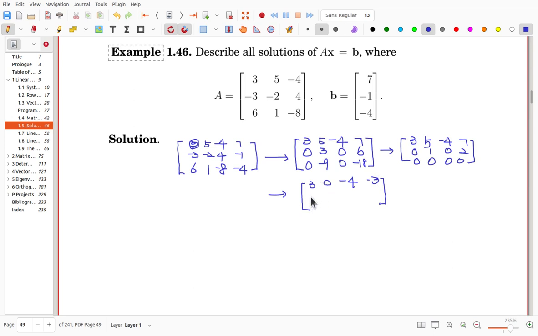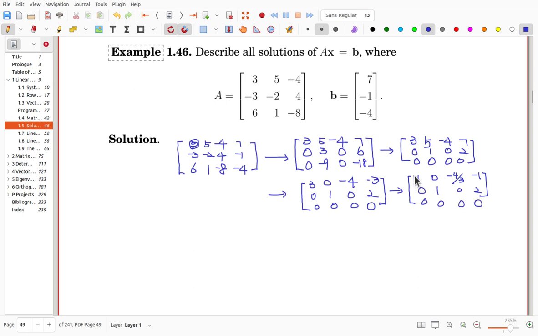Then 0, 1, 0, 2, and 0, 0, 0, 0. Now dividing the first row by 3, we reach 1, 0, minus 4 over 3, and minus 1. Then 0, 1, 0, 2, and 0, 0, 0, 0.